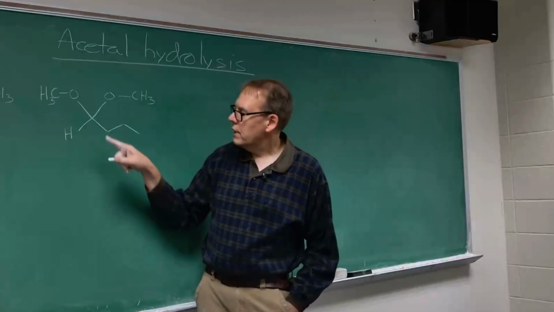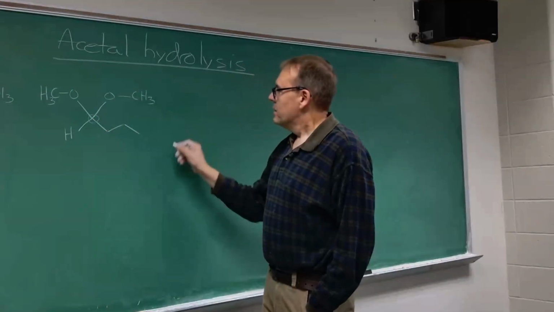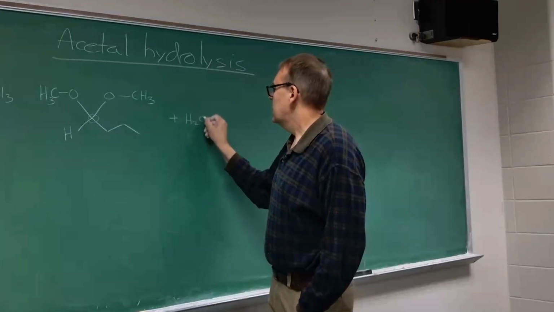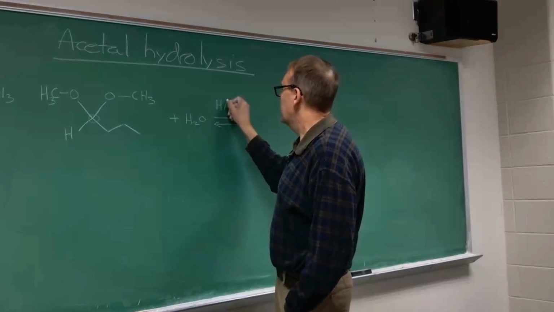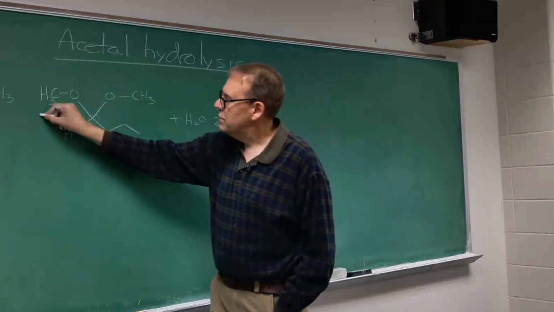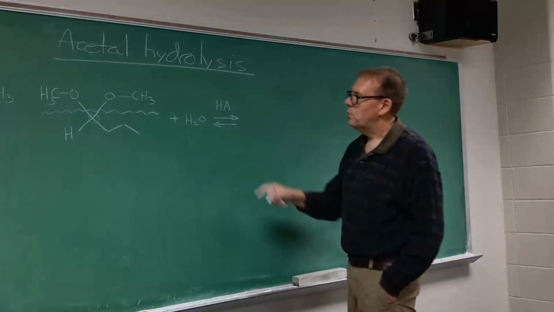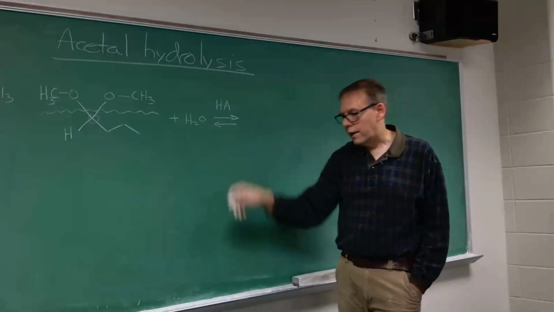I know because I'm looking at this carbon and I'm seeing 2 OR groups. So if we put this in with water and an acid catalyst, HA, basically what you do is you remove the 2 OR groups and replace them with a carbonyl where the oxygen comes from the water.